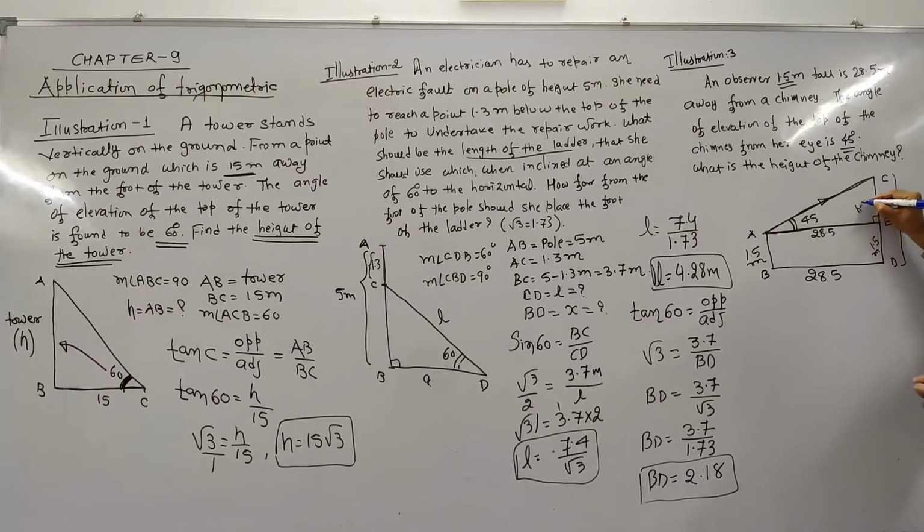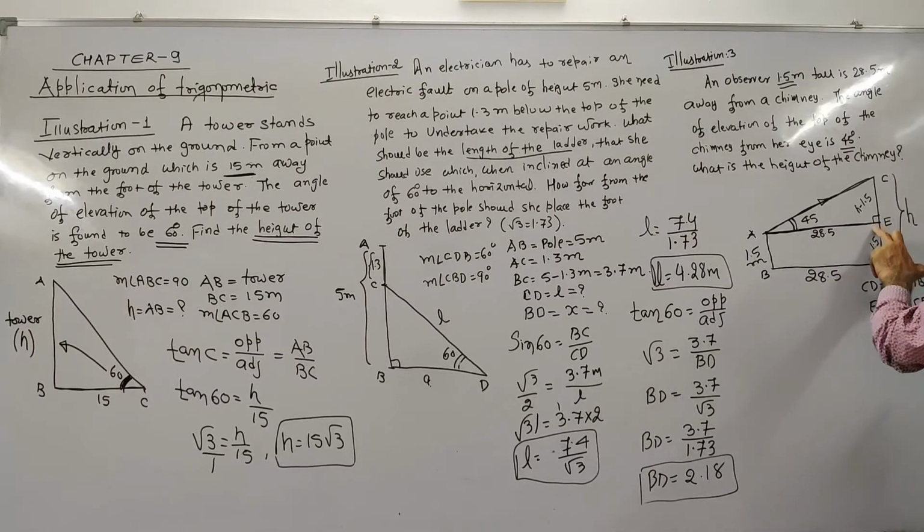CE means H minus 1.5. CD is equal to H, AB is equal to 1.5, therefore ED is also 1.5, and that's why CE is equal to H minus 1.5.